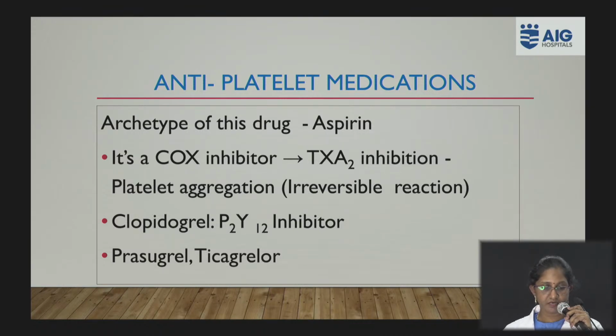Aspirin acts as a COX inhibitor, which in turn inhibits thromboxane A2, which inhibits platelet aggregation. Clopidogrel is a P2Y12 inhibitor. Along with that, prasugrel and ticagrelor are considered to be in the same category.